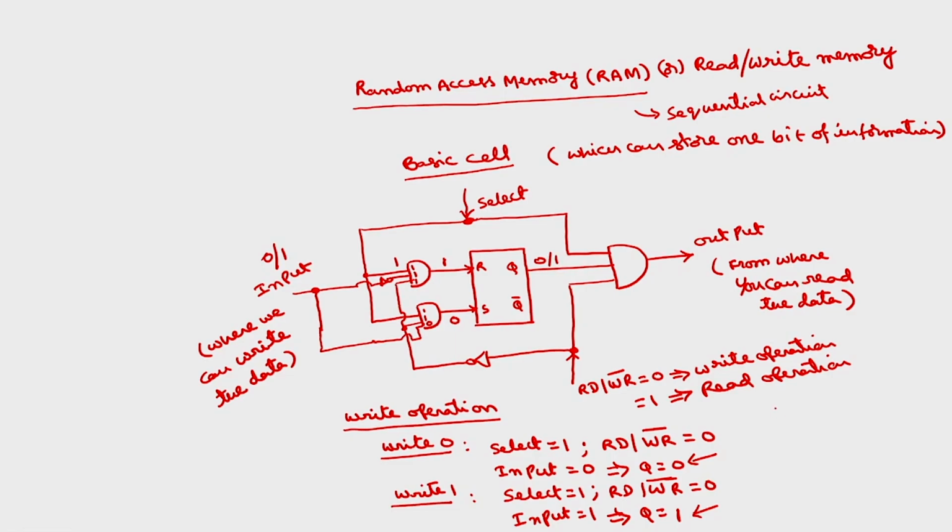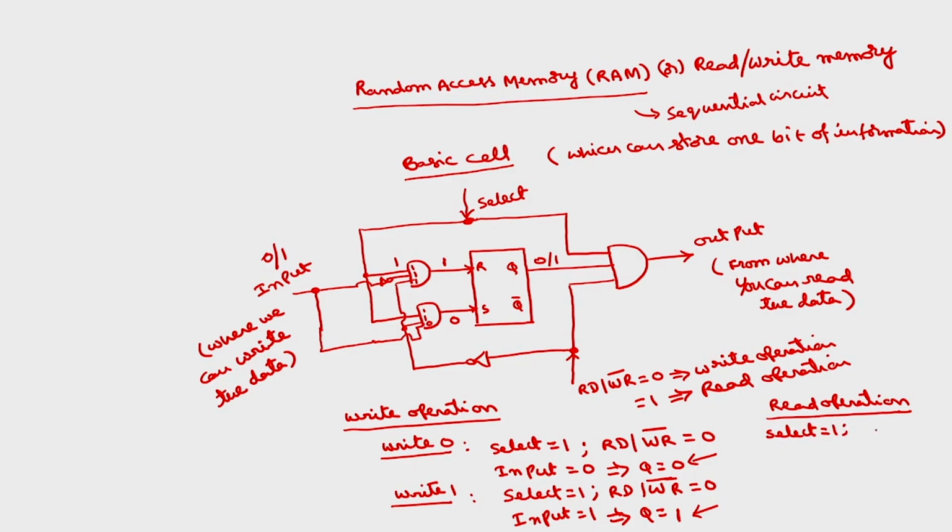So what about the read operation? For read operation also, you have to read from this point, output. Select should be 1 regardless of whether read operation or write operation, select must be 1.